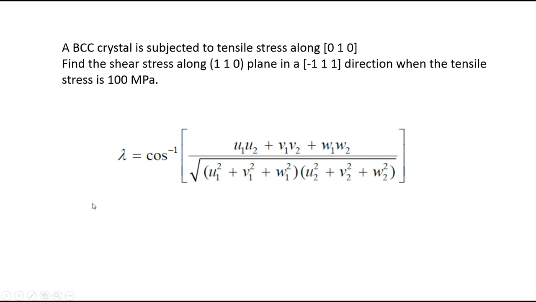Now let's solve this question. We are dealing with a BCC crystal which is subjected to a stress along this direction. We want to find the shear stress on this plane along this direction when the tensile stress is 100 megapascal. Of course, in order to find the angles gamma and phi, we have to use this relation. We can work it out in the class.